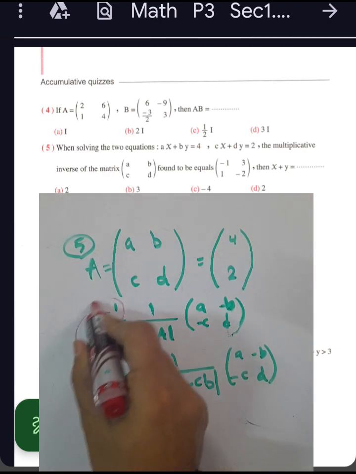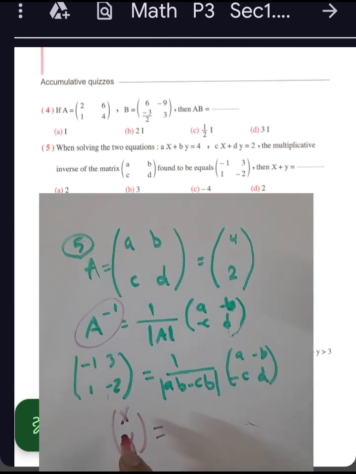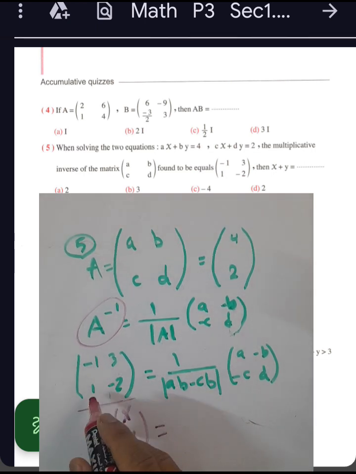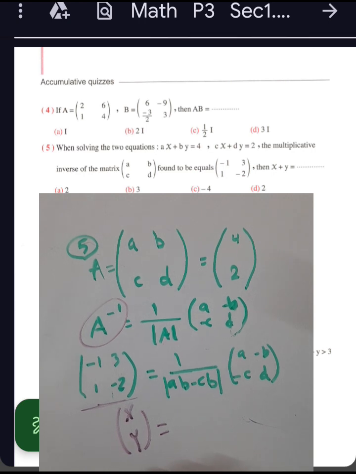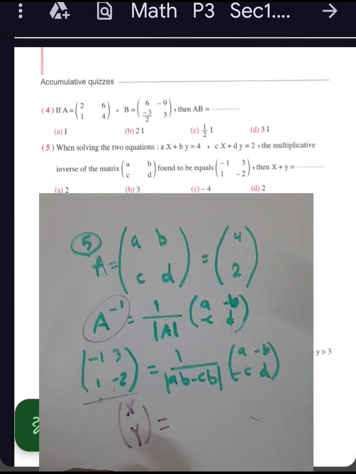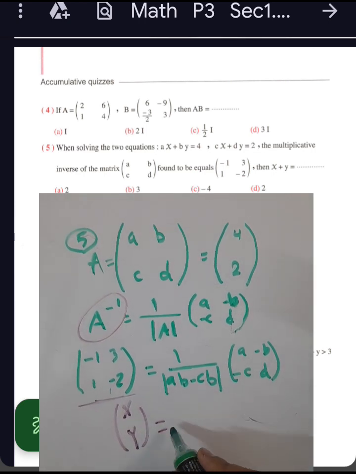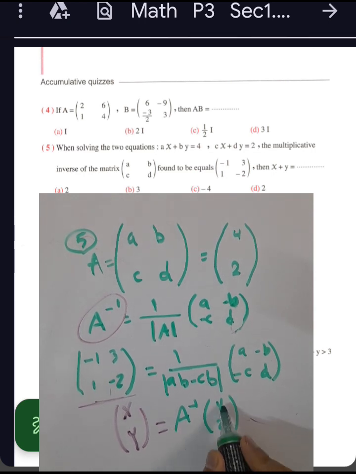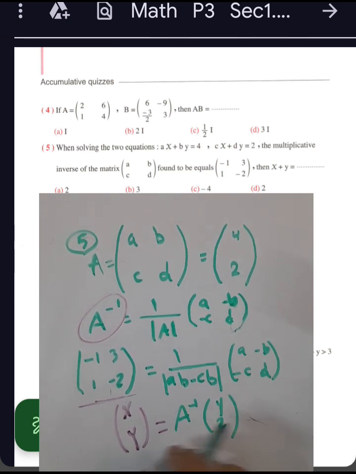Here the inverse of A gives us the result negative 1 and 3 and 1 and negative 2. We can write it multiplied by the result. Okay, understood? Because we have A inverse multiplied by 4 and 2. If we multiply them, the result will be x and y.